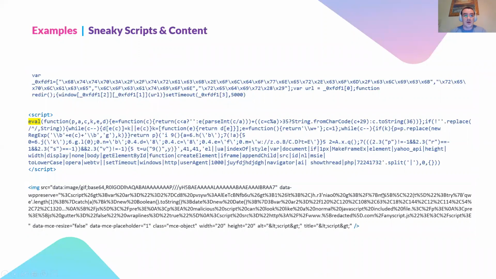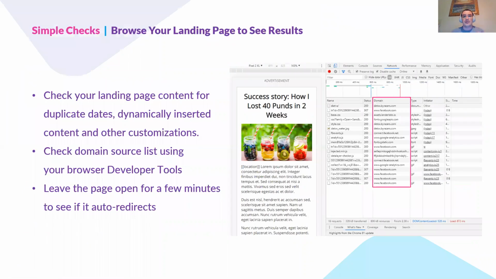Moving forward, the best thing that we can do when working with landing pages and cleaning them out is to check the landing pages before sending any traffic to them. And by that, I mean the checks are pretty simple. We can use developer tools on Google Chrome or whatever browser you are using.